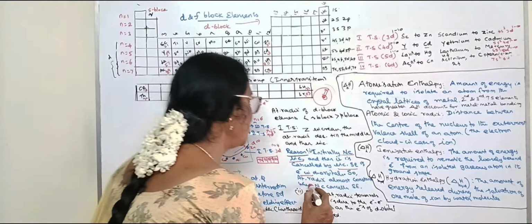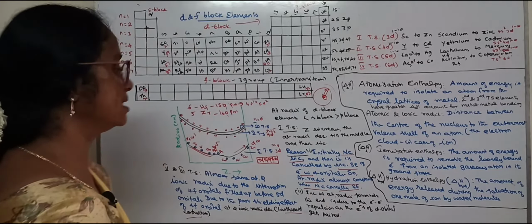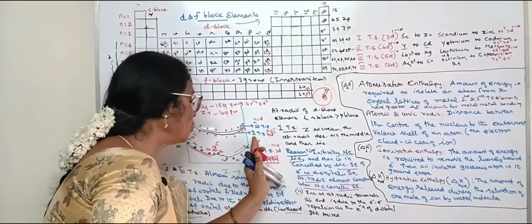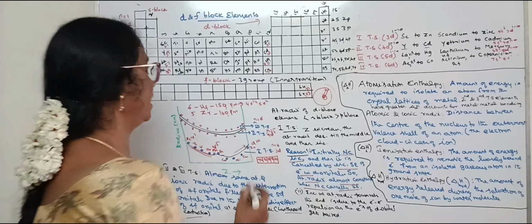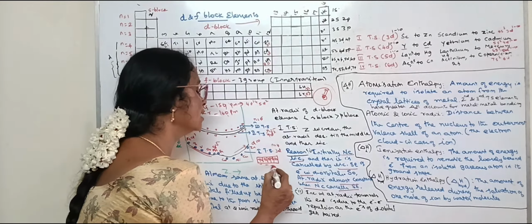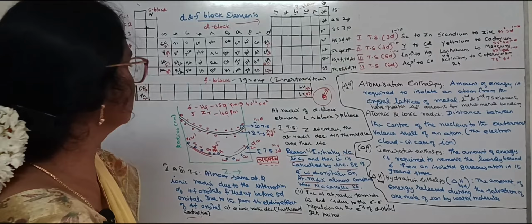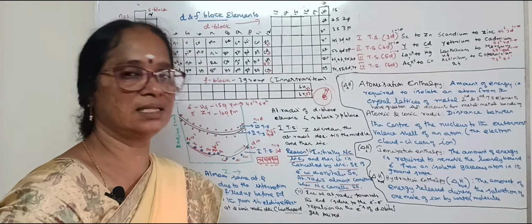That's why atomic radii are almost constant when nuclear charge cancels the screening effect of d orbital. After that only the atomic radii increases. This is because of the electronic repulsion among the paired electrons of d orbital. That's all for atomic and ionic radii of the transition series.